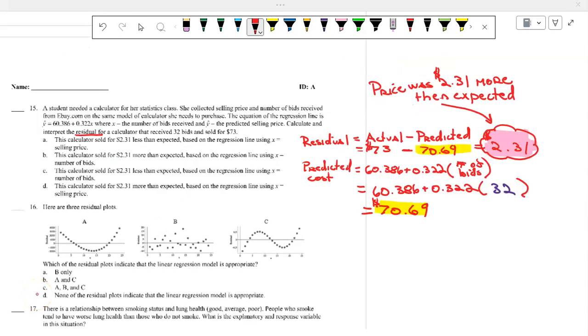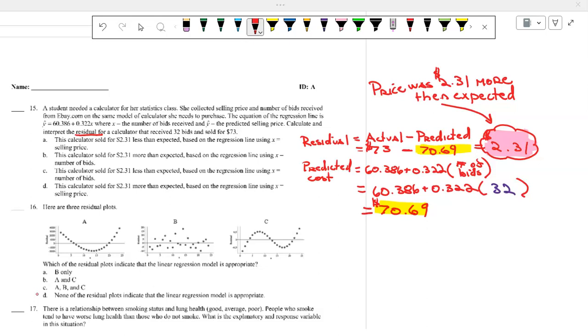All right, a student needed a calculator for her stats class. She collected selling price and the number of bids received from eBay on the same model calculator she needs to purchase. The equation for the regression line is given: 60.386 plus 0.322 times the number of bids.